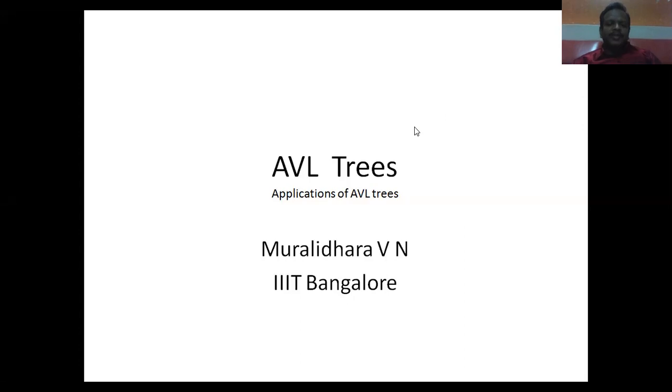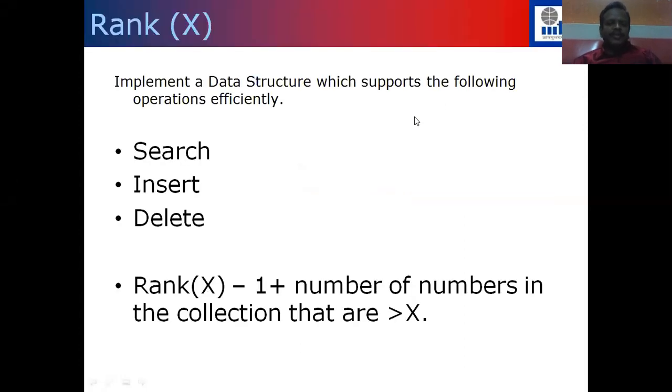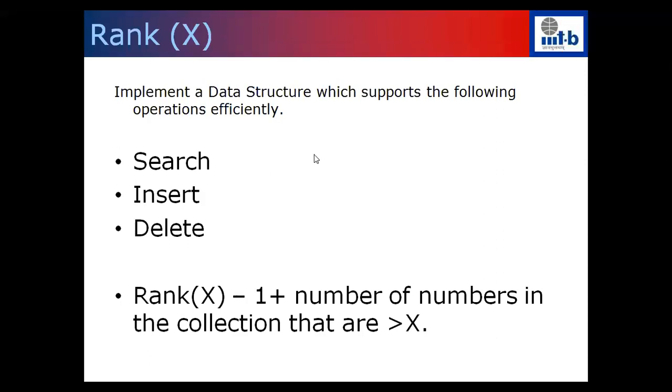The first one that we're going to discuss is the rank of x. Rank of x is defined as 1 plus the number of elements which are greater than x. The application is that we have a dynamic data set, dynamic in the sense that elements are added and deleted, and we need to also support search.